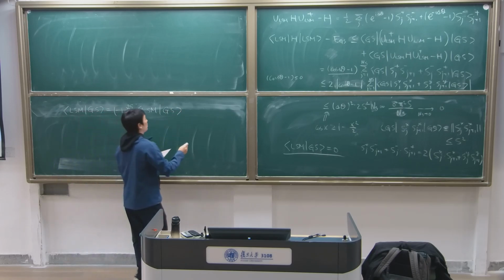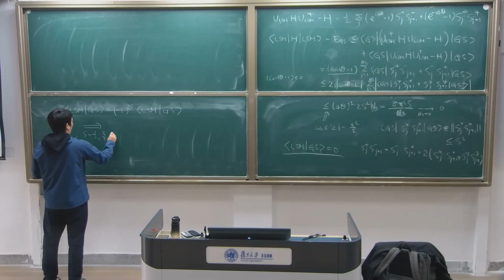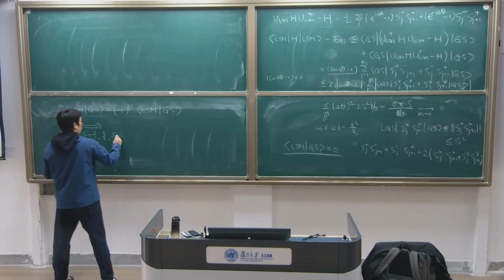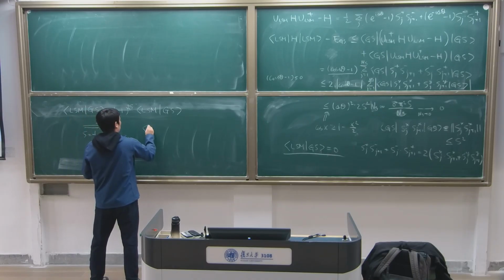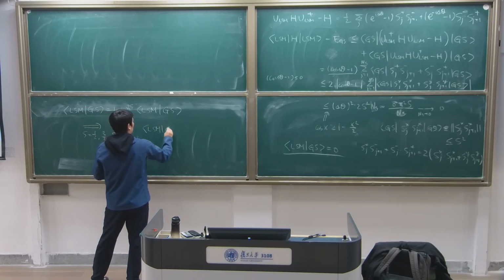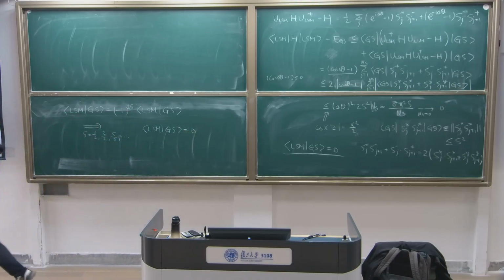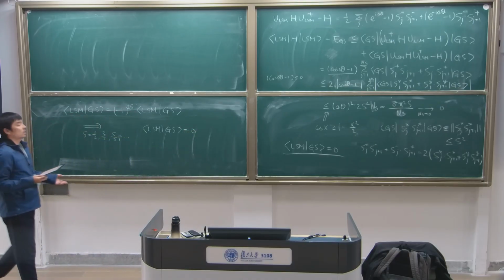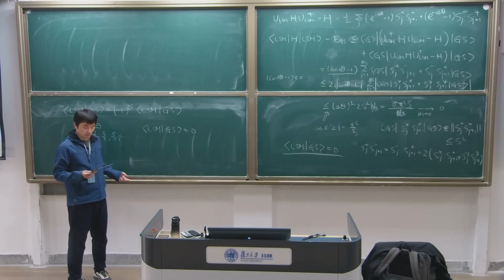This means that when x is half integer, then there are some. So this means that the LSM state is different from ground state.